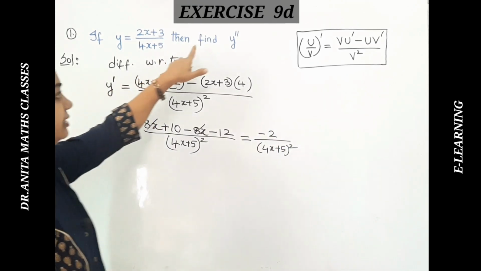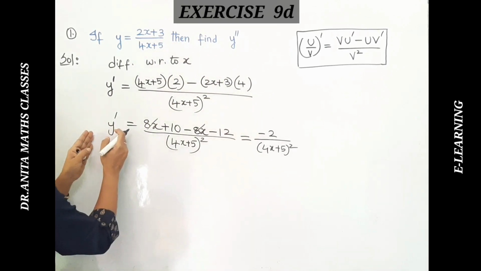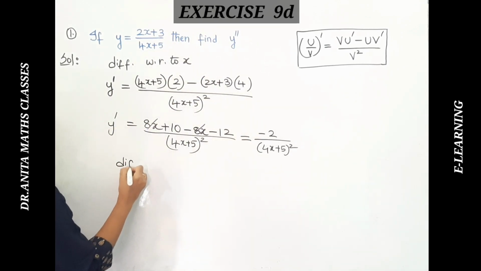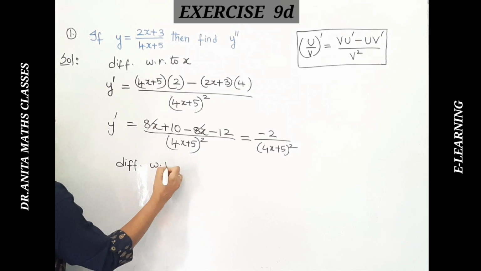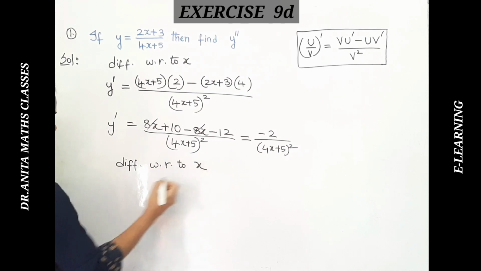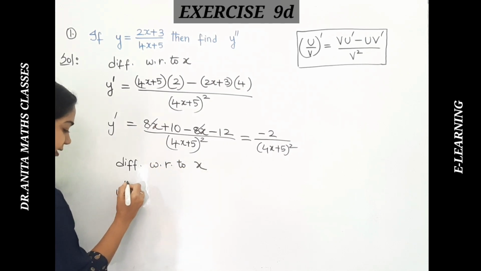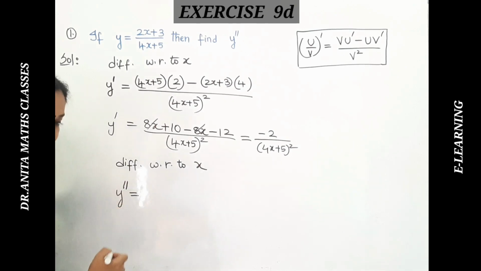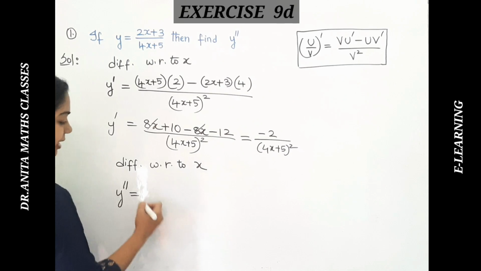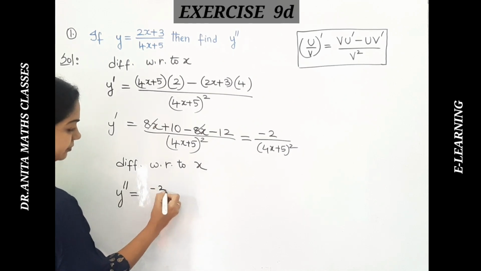Now we have to find the second derivative. So for this we will differentiate with respect to x again. We don't call it double derivative, but we call it the second derivative of the y function.